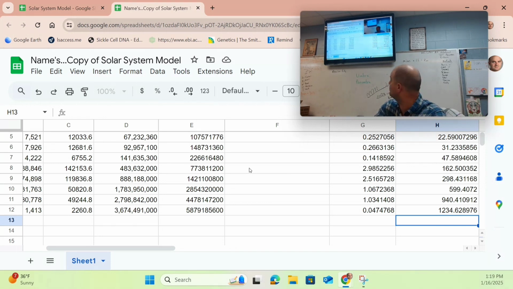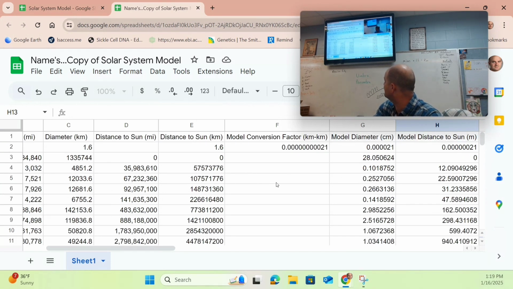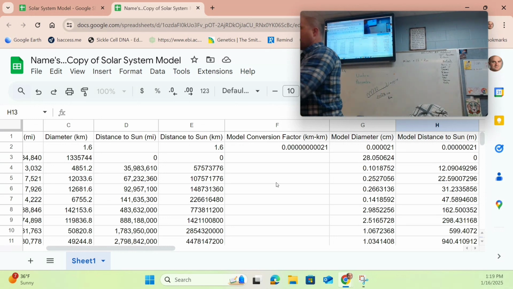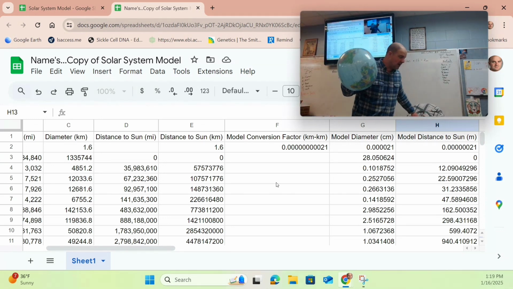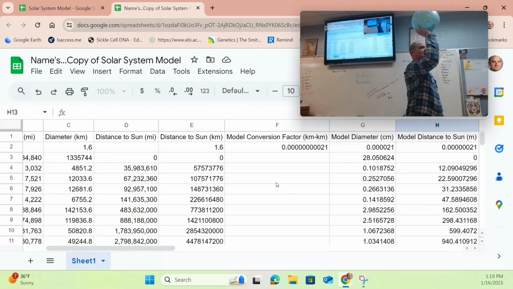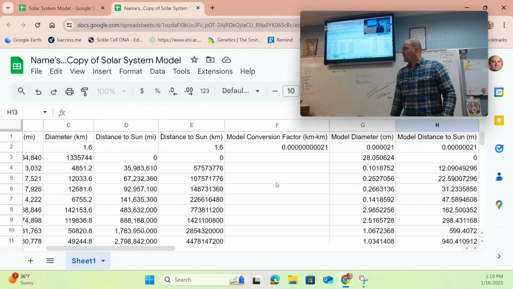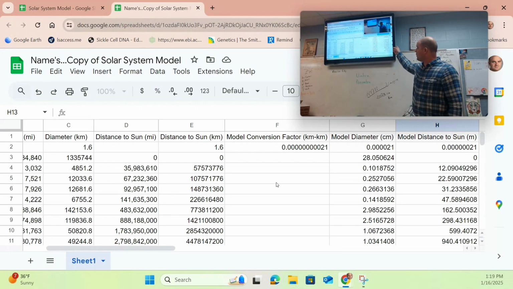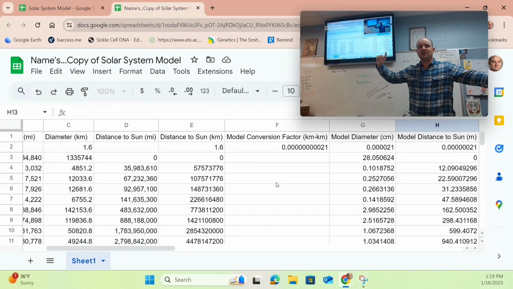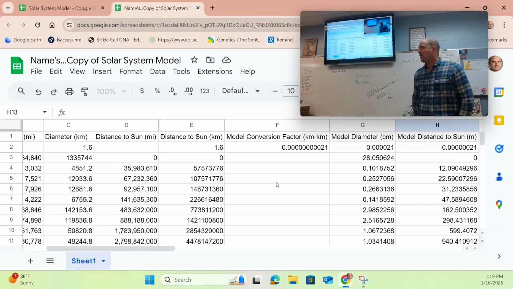I'll give you a minute, well, as many minutes as you need to finish that, clean that up. But I want to basically talk to you just for a second about what this means for our model. It means that if this is the sun, hold that. 12.1 meters away from the sun would be Mercury. How many feet in a meter?